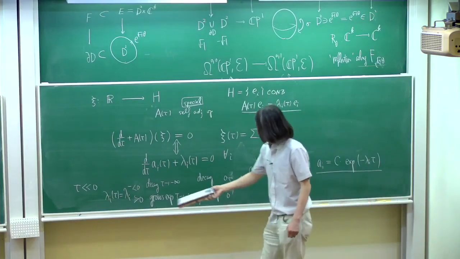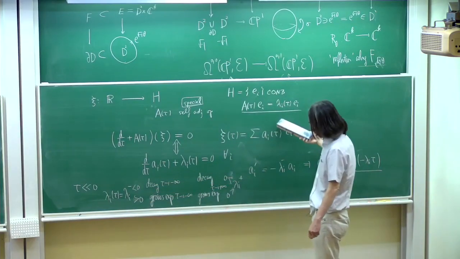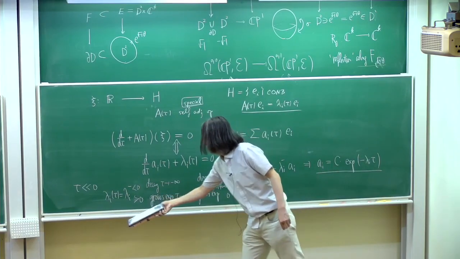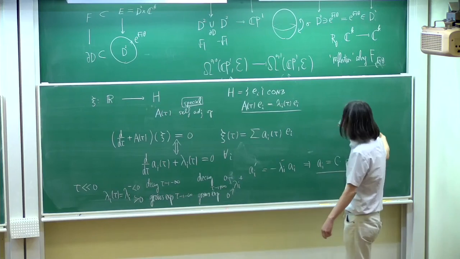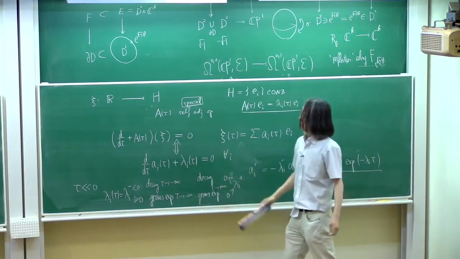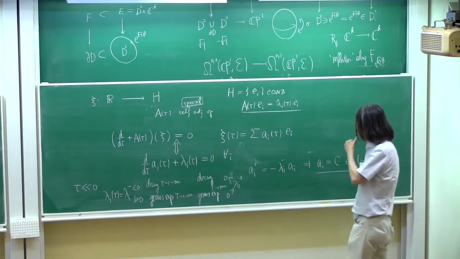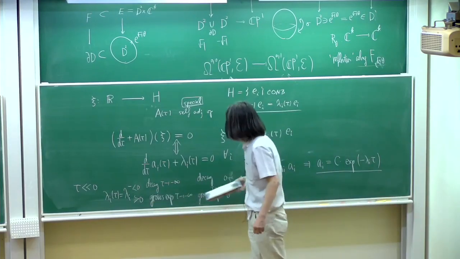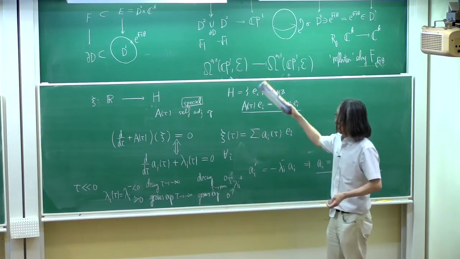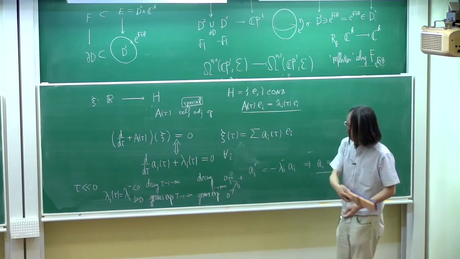Namely, if you have an eigenvalue which is negative at negative infinity and positive at positive infinity, then it contributes to a certain solution. But if you don't have such a property, then this solution must blow up either at positive infinity or negative infinity.